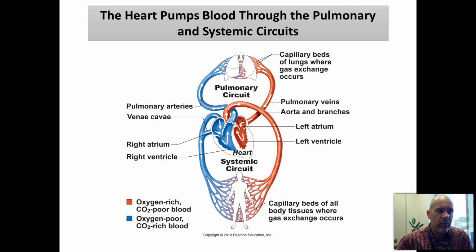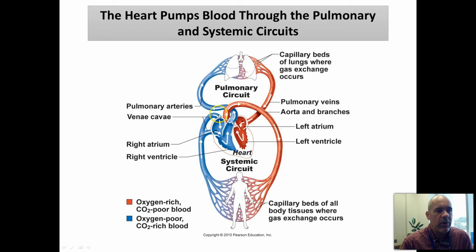What we do for our class is we expect you to learn the major arteries and veins of the body. We don't expect you to learn a lot of the little side street arteries that come off of the main ones. Now that might sound really easy. The harder part on the blood vessel anatomy side is learning how all these blood vessels interconnect, because what we ask you to do in our Calhoun anatomy courses is learn how to trace a pretend drop of blood from the right atrium.